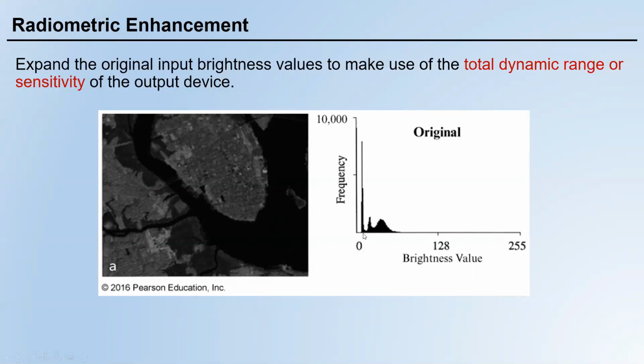For example, here, there is a huge spike, right? What does it mean? It means that a lot of pixels in this image have very similar brightness values because the spike is very thin. It's within a very small range, and a lot of pixels have a value within this very narrow range. And this value is pretty low. I think it's 10 or something, right?